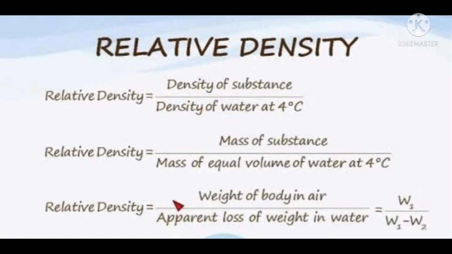And relative density is equal to weight of body in air upon apparent loss of weight in water, because we know weight is equal to mass into acceleration due to gravity, so mass is equal to weight upon acceleration due to gravity. As the value of g remains the same, it is weight of body in air upon apparent loss of weight in water.